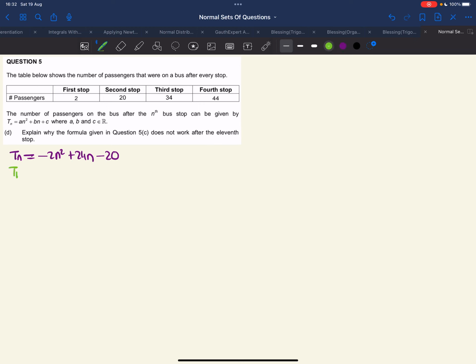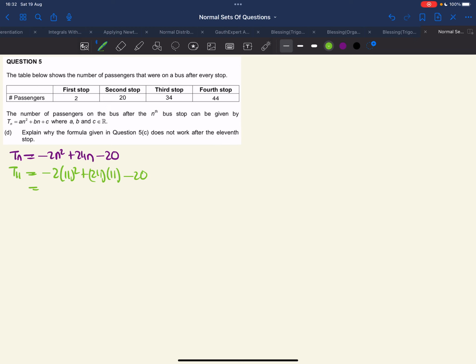So in the 11th stop, we're gonna get T11, right? So we say minus 2 times 11 squared plus 24 times 11 minus 20.